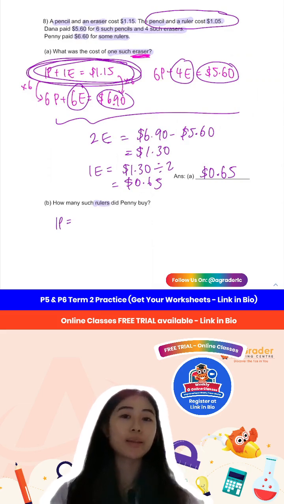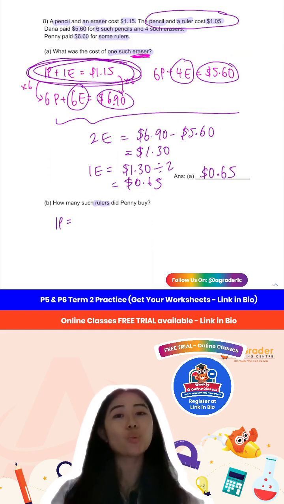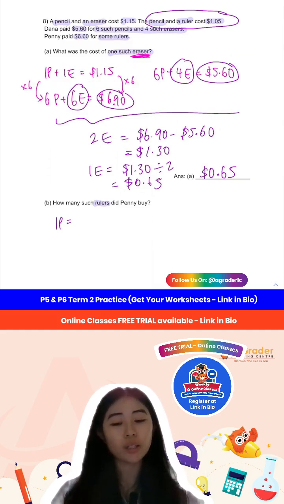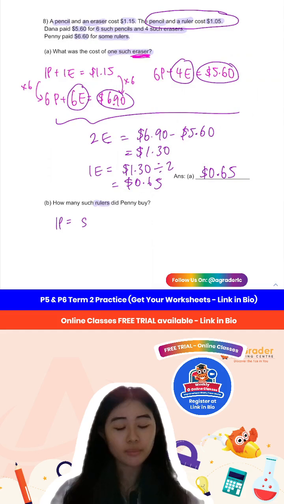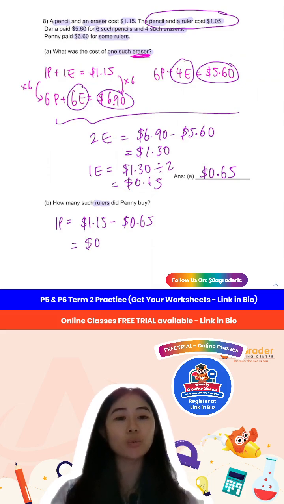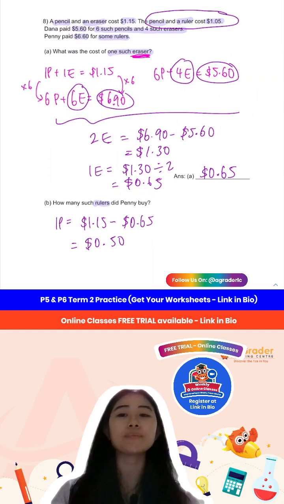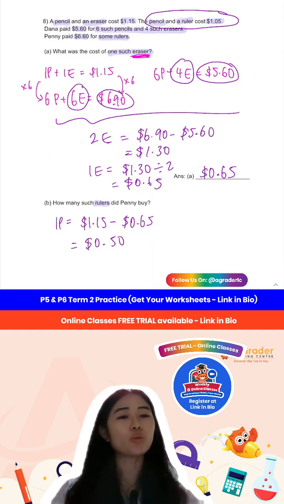Because you know that one pencil plus one eraser is $1.15. So if you use 1.15 minus the eraser, then you can get the pencil's cost. So this will be 1.15 minus the eraser, and then you will get the pencil, which is 50 cents. You don't need to use assumption there for part B.